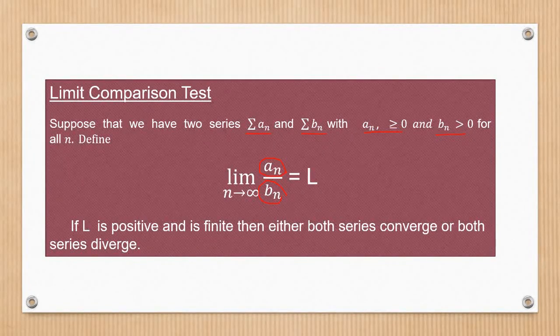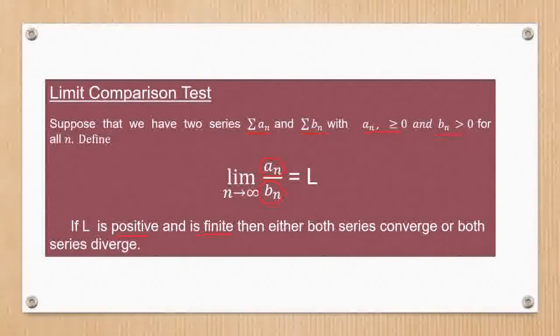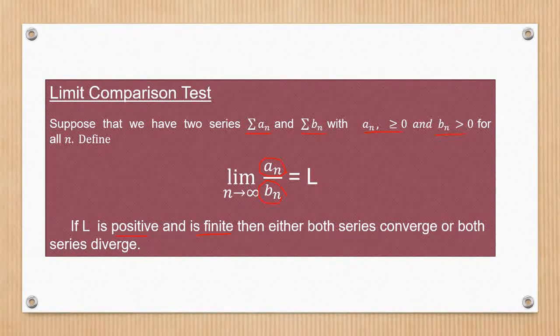We define the limit of An over Bn as n approaches infinity equal to L. If L is positive and finite, then either both series converge or both diverge.